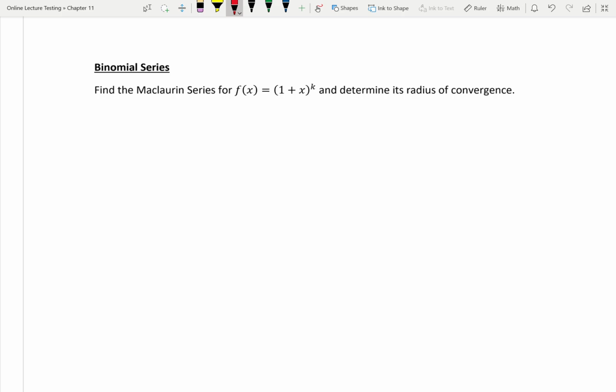The biggest thing here is we are going to assume k is a positive integer, and k is not equal to 0.